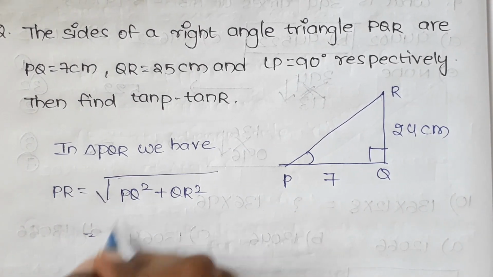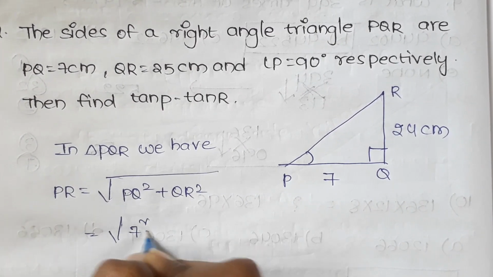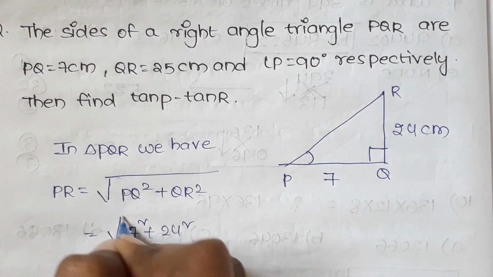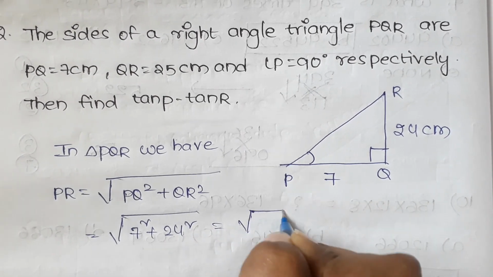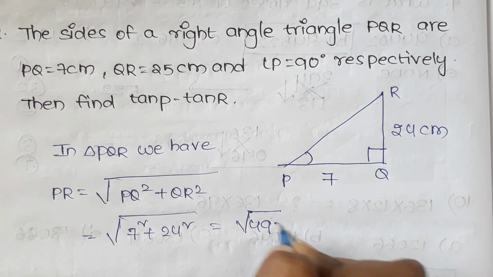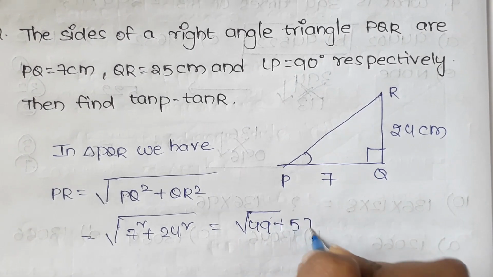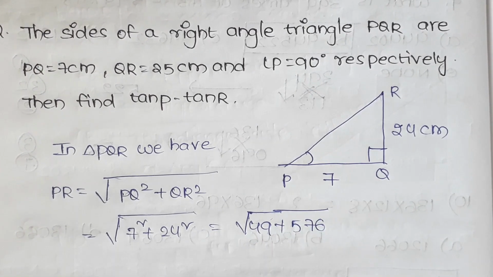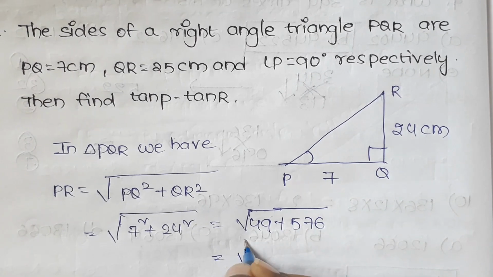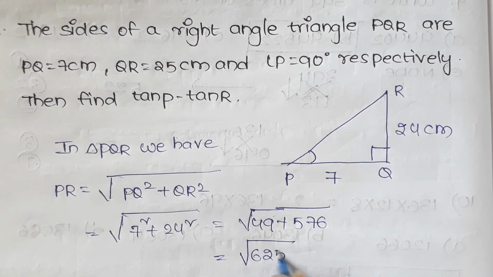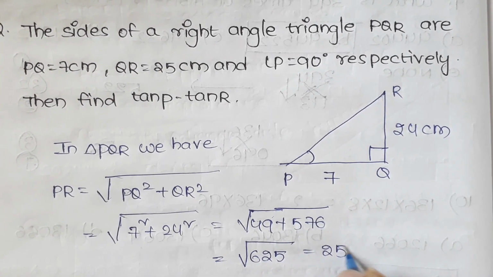And let us write the data, that is 7 square plus 24 square, square root of 49 plus 24 whole square is 576, that equals to square root of 625. It is 25.